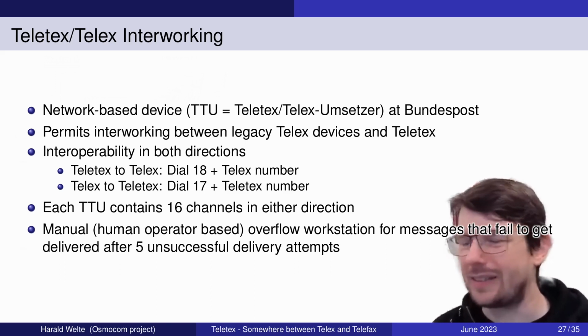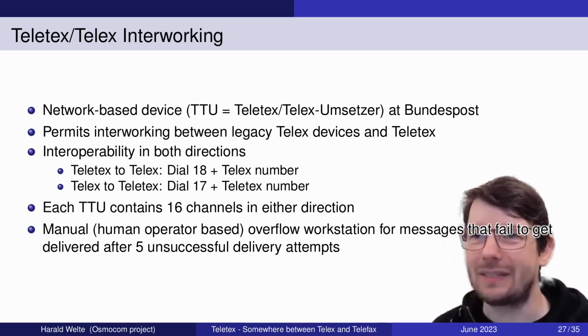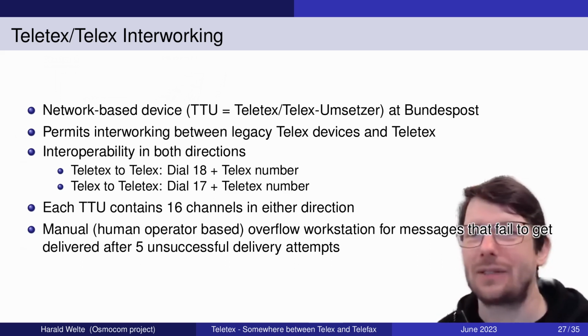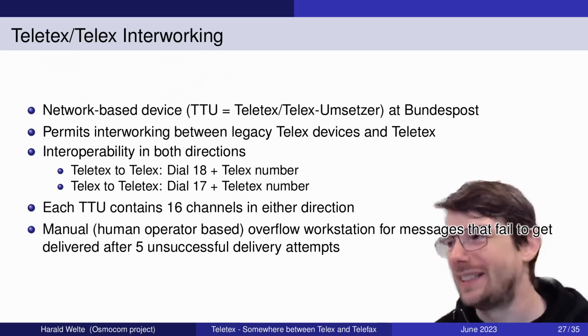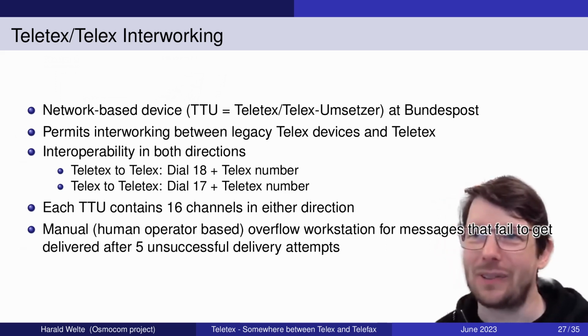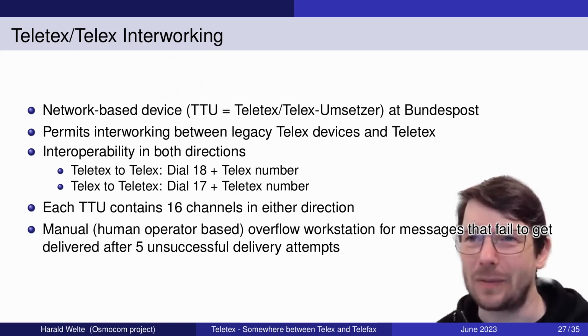I think it was 69 characters or something like that. So there were some constraints you had to observe in that direction. From Telex to Teletex, of course, it's easier because you can always convert from the more simple representation to the more comprehensive one without any problems.